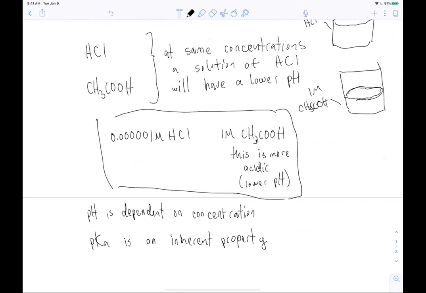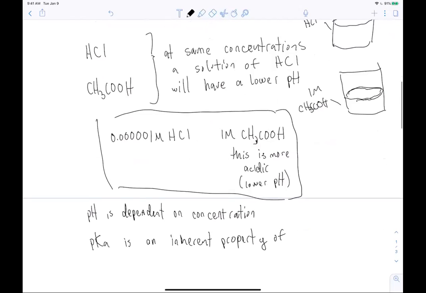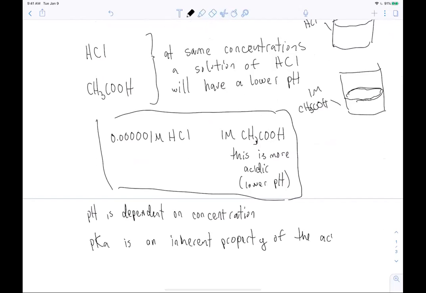So regardless of the amount of acid you have there, the pKa doesn't change. The pKa of acetic acid is always going to be 4.5 or whatever I said, and the pKa of HCl is always going to be -3 or something along those lines.